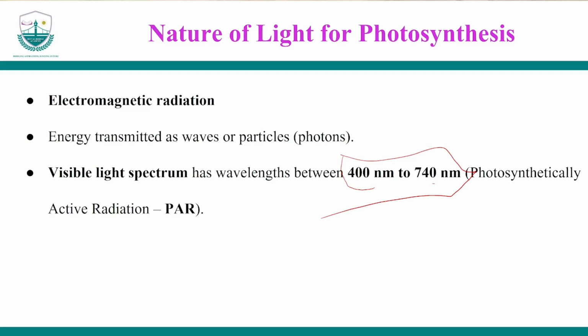That means that they are the ones that can drive photosynthesis, and we generally call them photosynthetically active radiation. Okay, so you have radiations of different wavelength, but those that have wavelength within this range are the ones that are very active. That means the ones that can drive the process of photosynthesis.